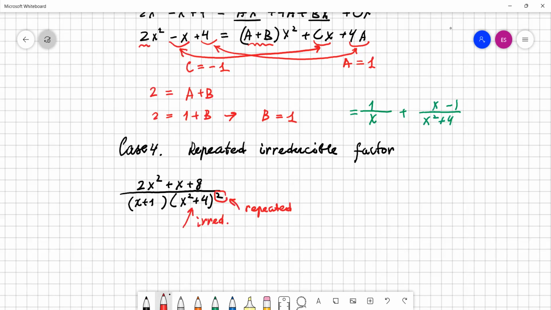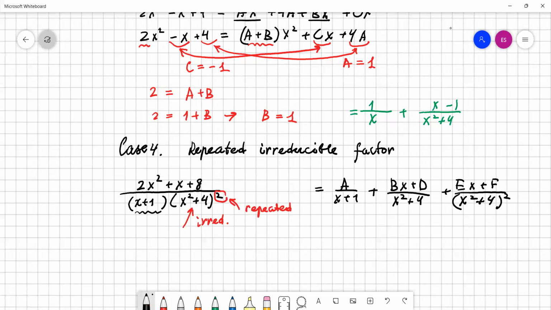Okay, so what are we going to have if we have an irreducible repeated factor? Well, for the non-irreducible factor, we are just going to have a standard A over x plus 1. But for this one, we are going to have Bx plus D, like it was just irreducible. And then Ex plus F over (x squared plus 4) squared, like it's repeated.